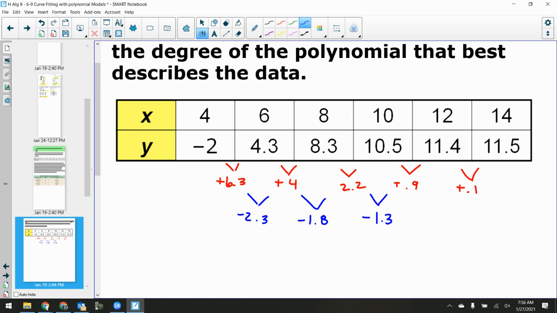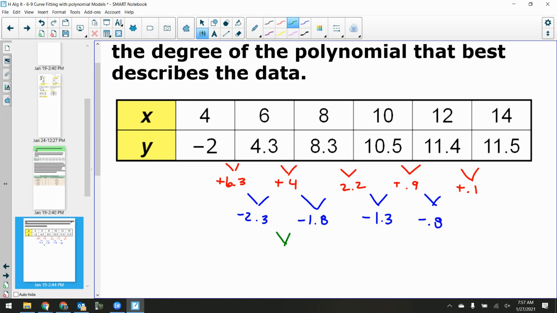And going from 0.9 to 0.1, going down 0.8. So is it quadratic? No. But now let's check to see if it's cubic.